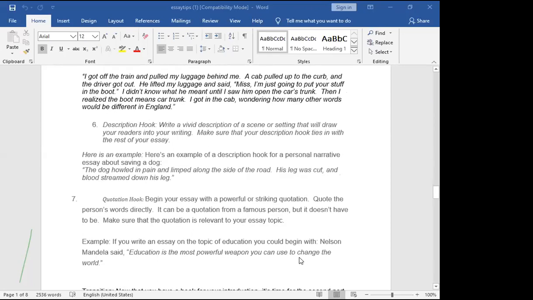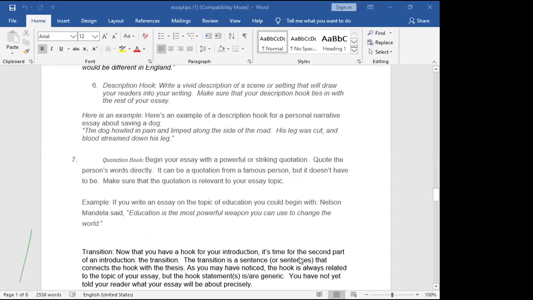Example, if you write an essay on the topic of education, you could begin with "Nelson Mandela said, education is the most powerful weapon you can use to change the world." It must not necessarily be a very well-known person; it could even be the chief traffic police officer. So you can begin that essay with that quotation hook.